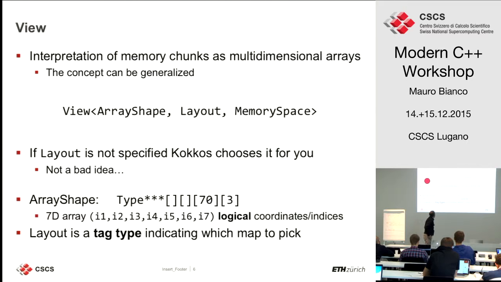In Kokkos, dealing mostly with multidimensional arrays, a view has a shape, a layout, and a memory space. Just to point out, in the future especially, there will be more memory spaces than there are now. You have scratchpad memories, fast non-volatile memory, RAM, GPU memory, shared memory, const memory, texture memory, all these things.